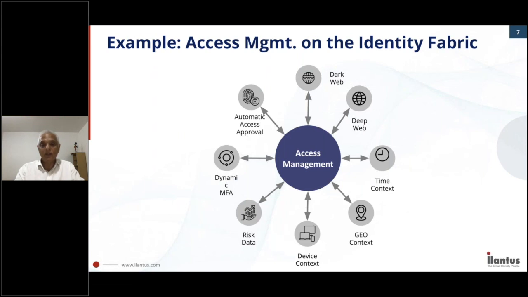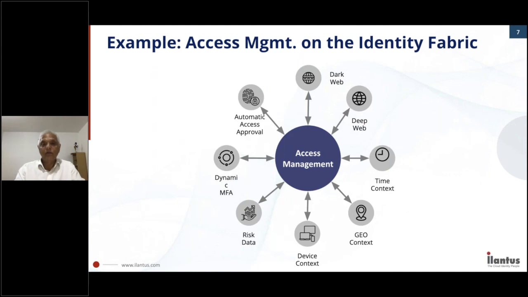multiple services, which could be dynamic multi-factor authentication. It could be geo, time, or device context. It could be deep web features that could be made available, or automatic access approvals on the side of governance and administration, which also is becoming a part of access management.